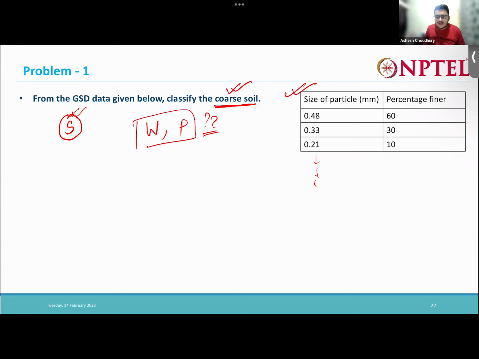If you have the book, you can open the book and see. At least you should know, that's the main point. Anyone can answer. How to know that the soil is well graded or poorly graded?